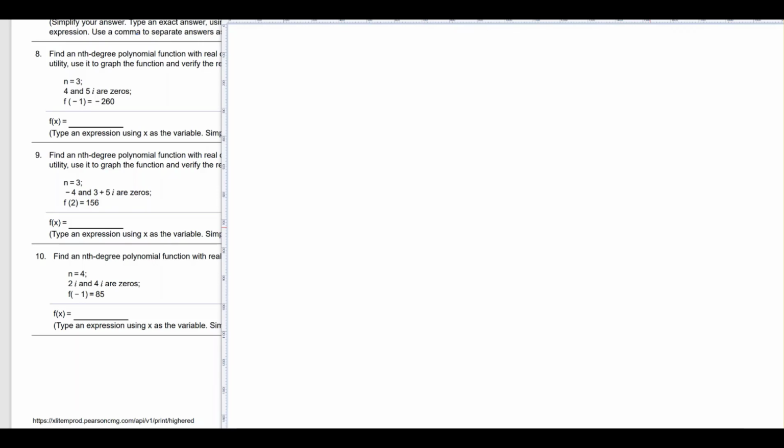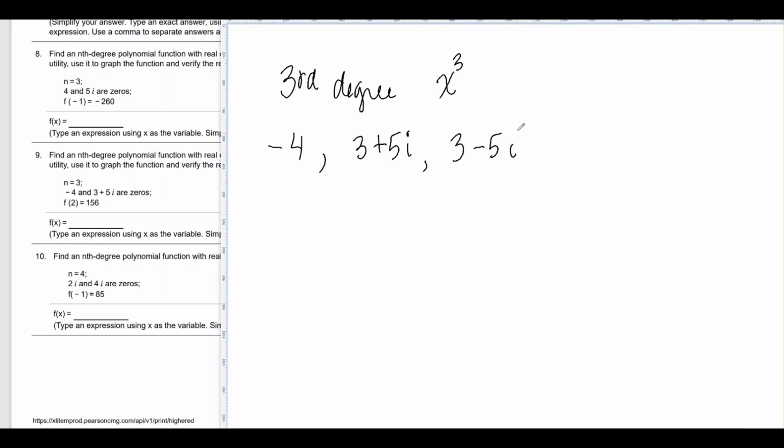Number 9. In number 9, they tell us to find a third degree polynomial. That means our highest exponent is going to be x to the third. They tell us -4 is a 0. 3 plus 5i is a 0, which means 3 minus 5i is also a 0, because complex roots come in conjugate pairs.